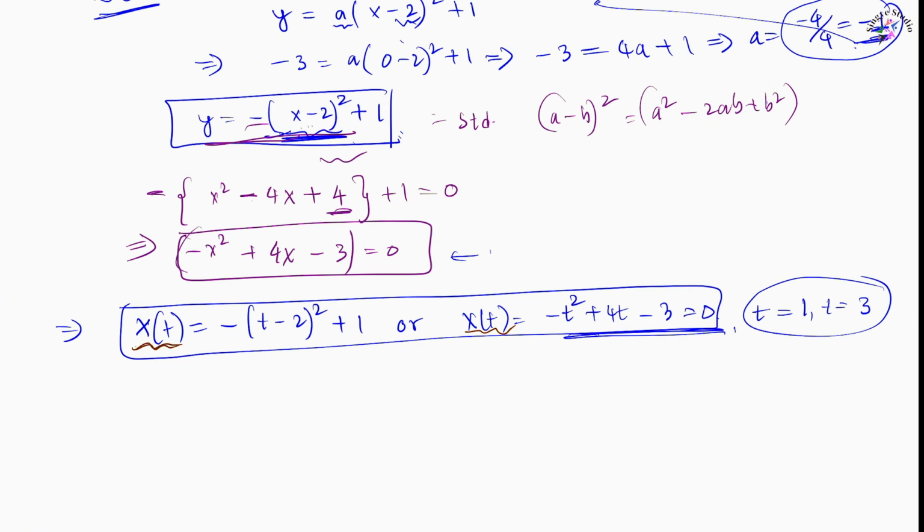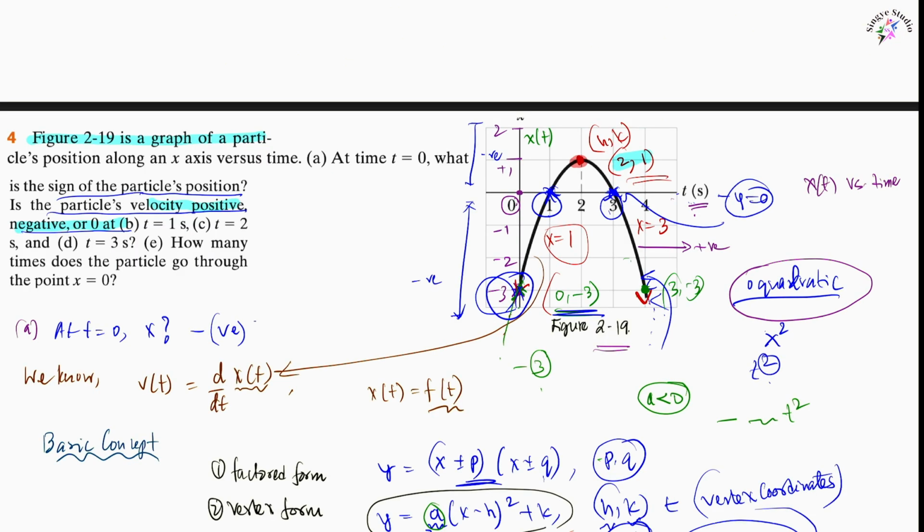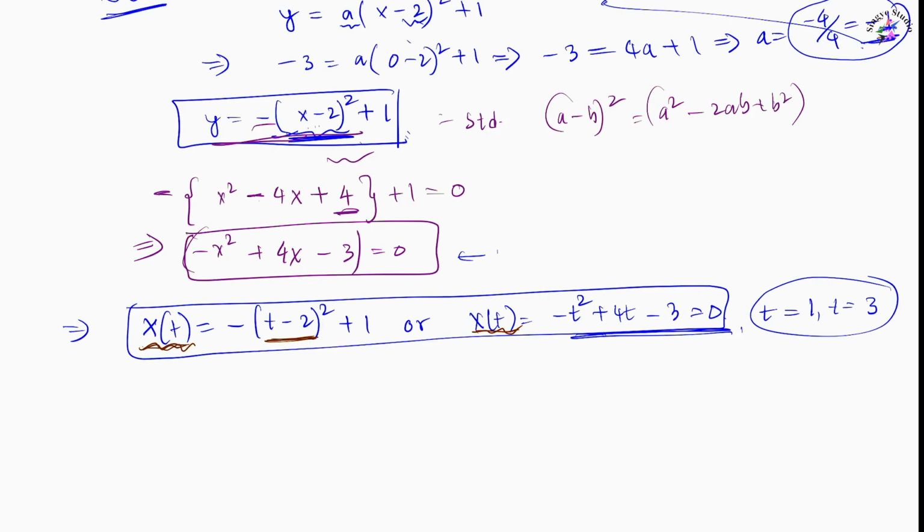Now, as we have determined the particle's position with respect to time as a function of t, we can answer the remaining questions, which are b, c and d. To do that, we have v(t), the instantaneous velocity, which is the derivative of the particle's position with respect to time.